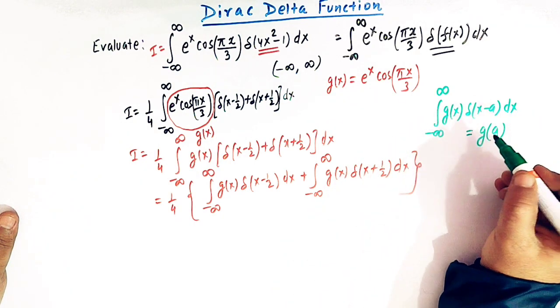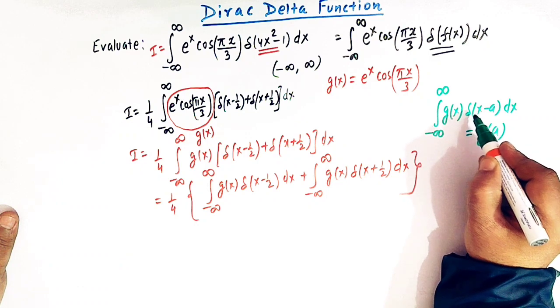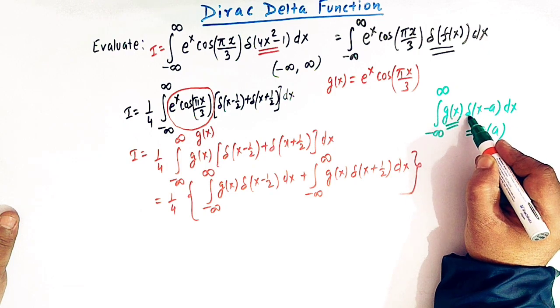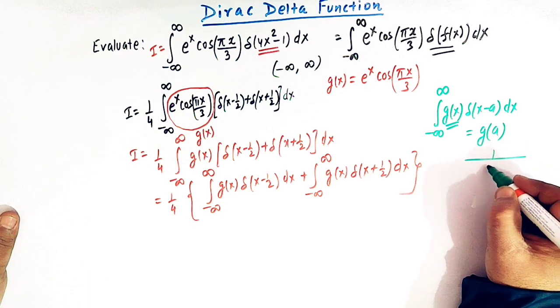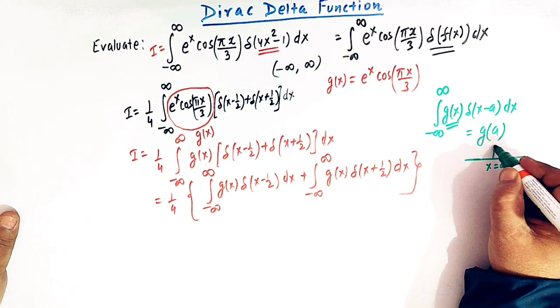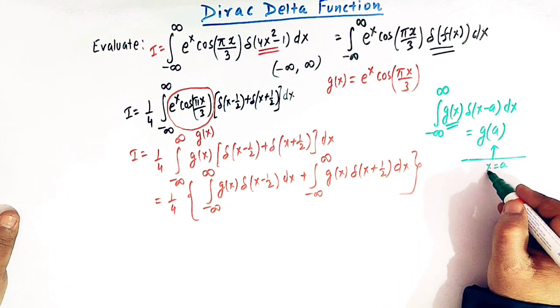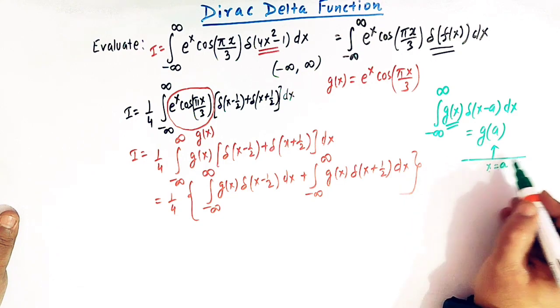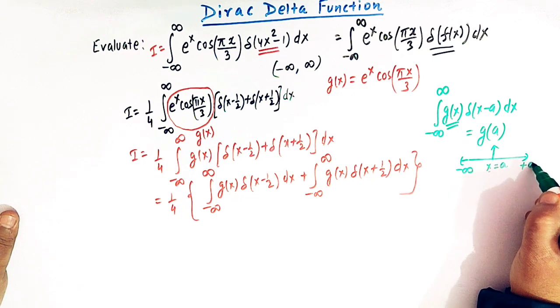So the delta function says that the value of the integral is equal to the value of the function associated with the delta function at this point a, right? Here we have x is equal to a, and this spike denotes the delta function. Apart from x is equal to a, the delta function is 0 on the entire line, from minus infinity to plus infinity.